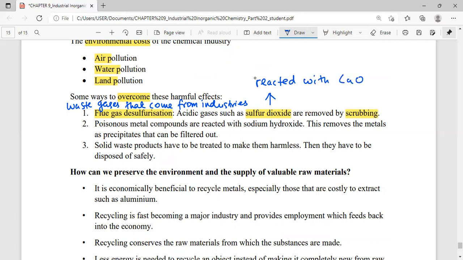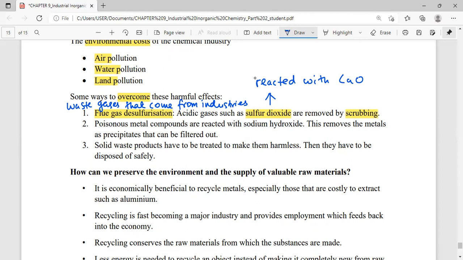Sulfur dioxide is an acidic gas, so when it reacts with calcium oxide, it will be neutralized. Is that clear? The people in the industry have to pay a bit more to have these scrubbers installed. If they do that, these waste gases will not get into the atmosphere.